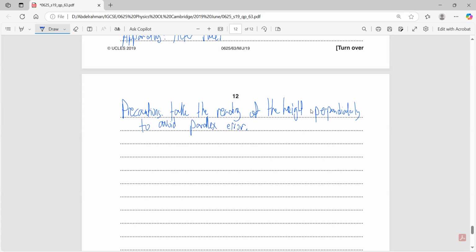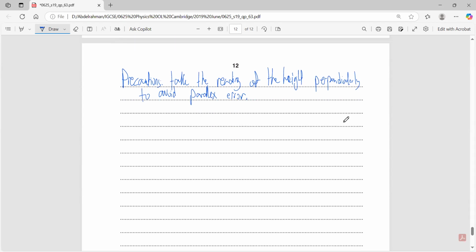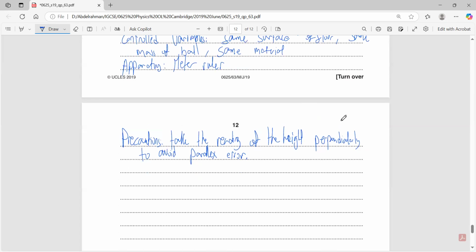To avoid what? The parallax error. This is one of the most important precautions for this question.